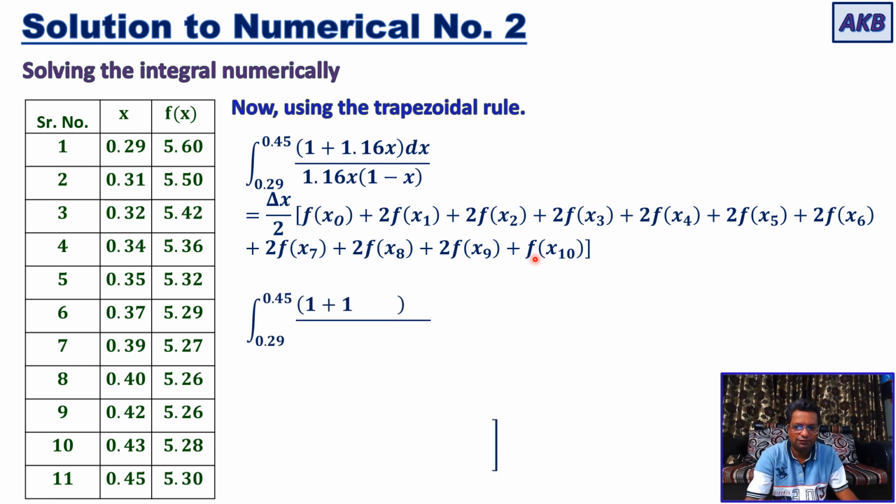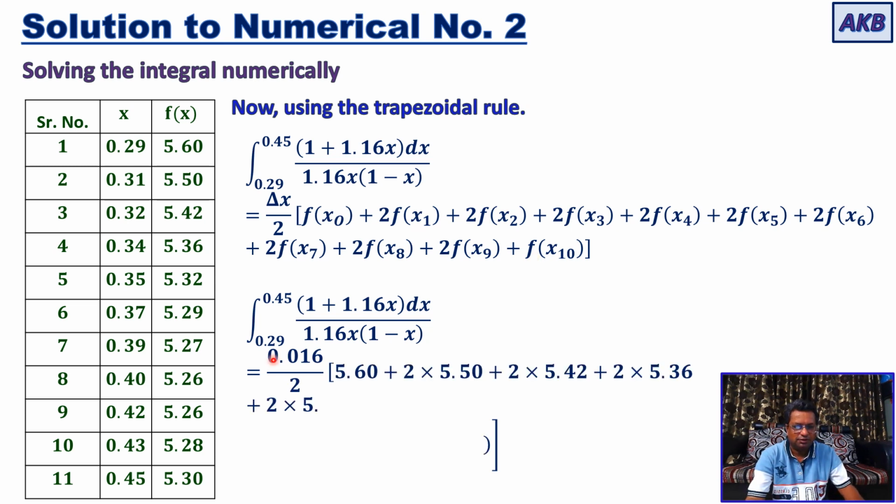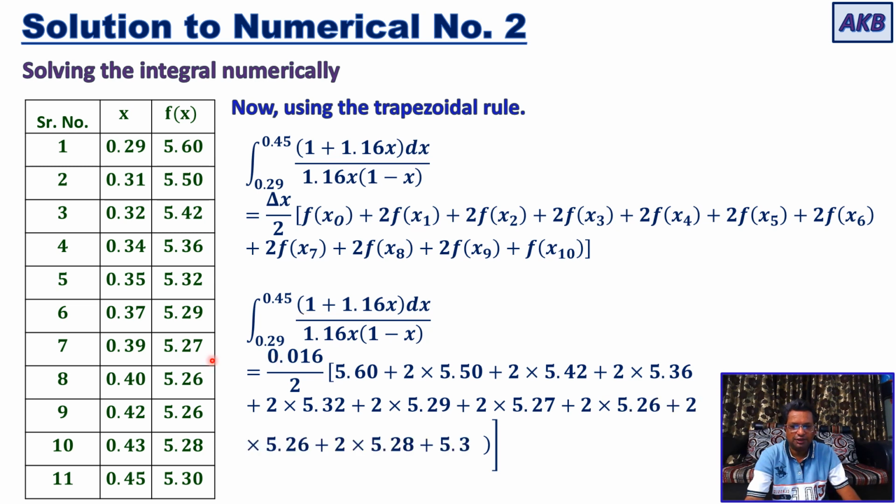If you use the values of function, I'll be getting the integration from 0.29 to 0.45 of (1 + 1.16x) divided by 1.16x(1 - x) dx, that is equal to, delta x is 0.016, so it will be 0.016 divided by 2 times 5.60.